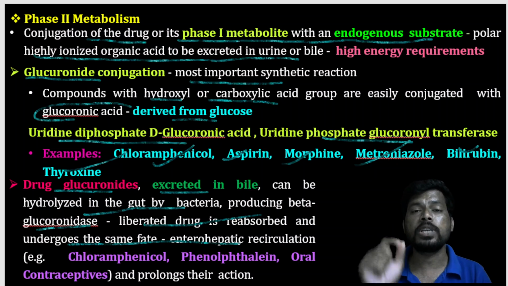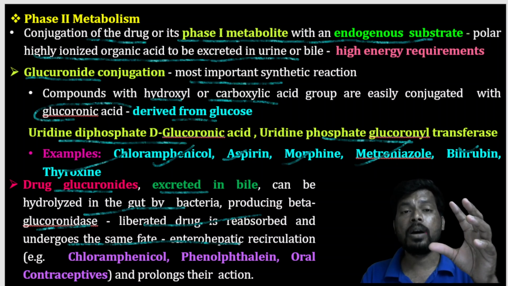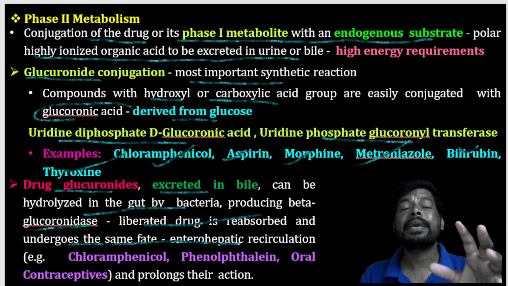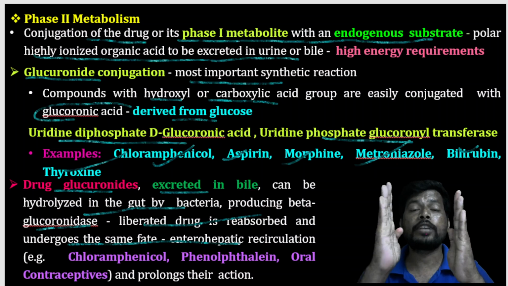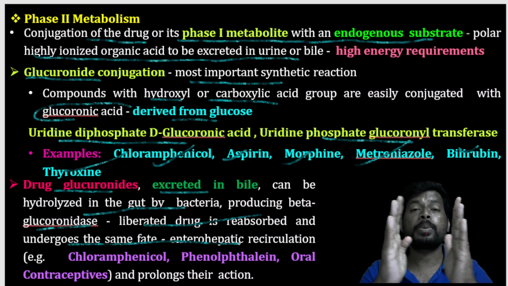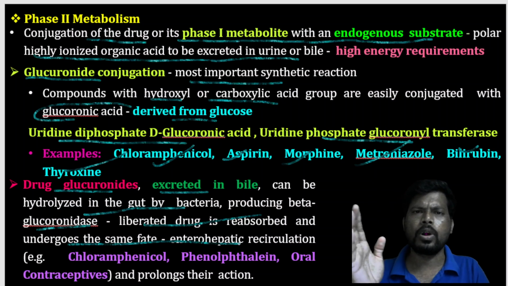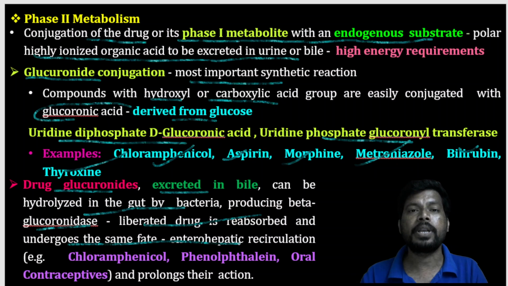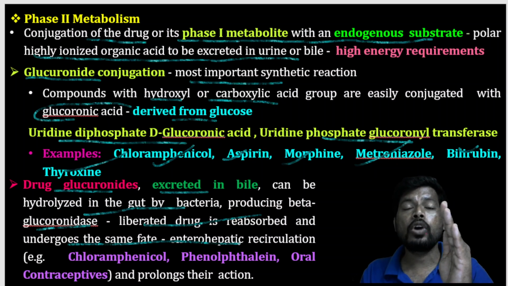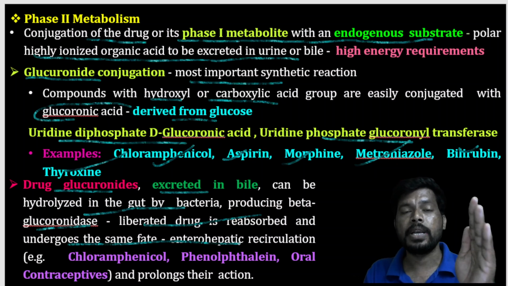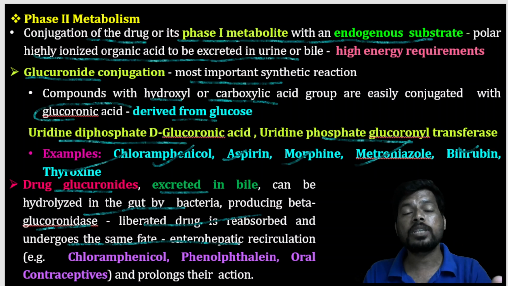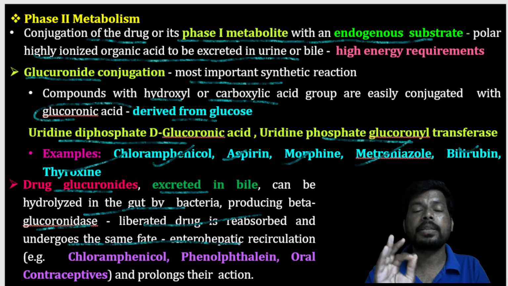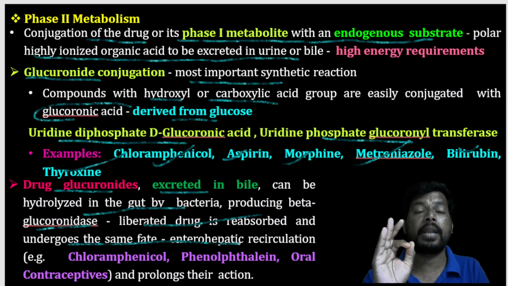During this process, sometimes enzymes released from the bacteria in the intestine break down the complex between exogen and endogen. Then there is a separation of exogen and endogen. The endogen conjugated substance will be separated, and the exogen non-conjugated or lipophilic substance will be separated. Because of this, the lipophilic substance is again recirculated into the body through enterohepatic recirculation, that is intestine and liver.